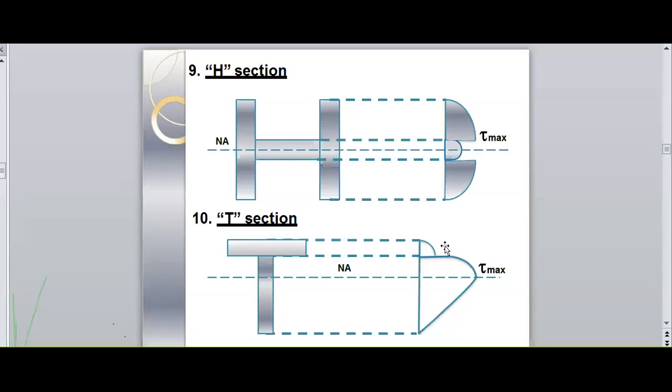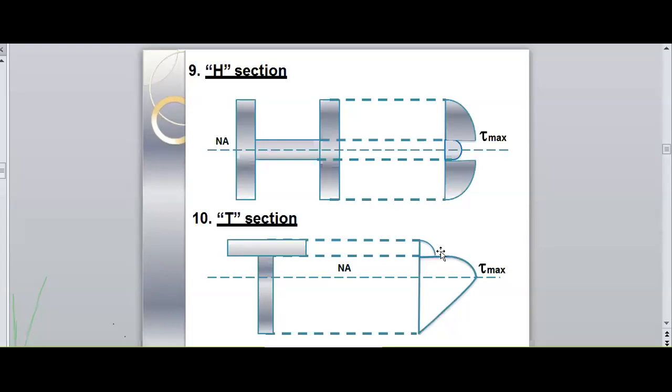So this is the fundamental for the shear stress. We need to do some small derivations, 3 derivations, and next we need to do some problems.